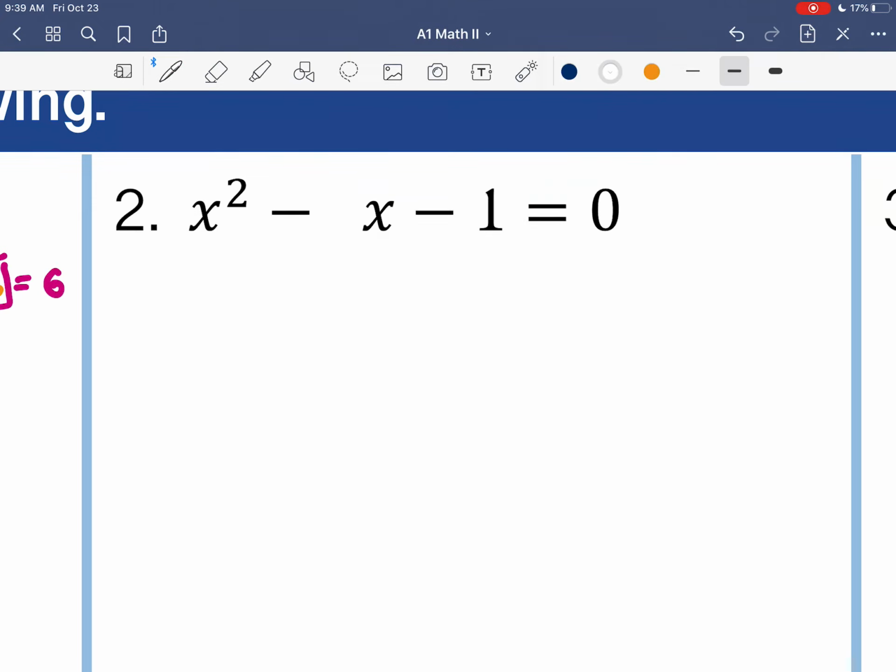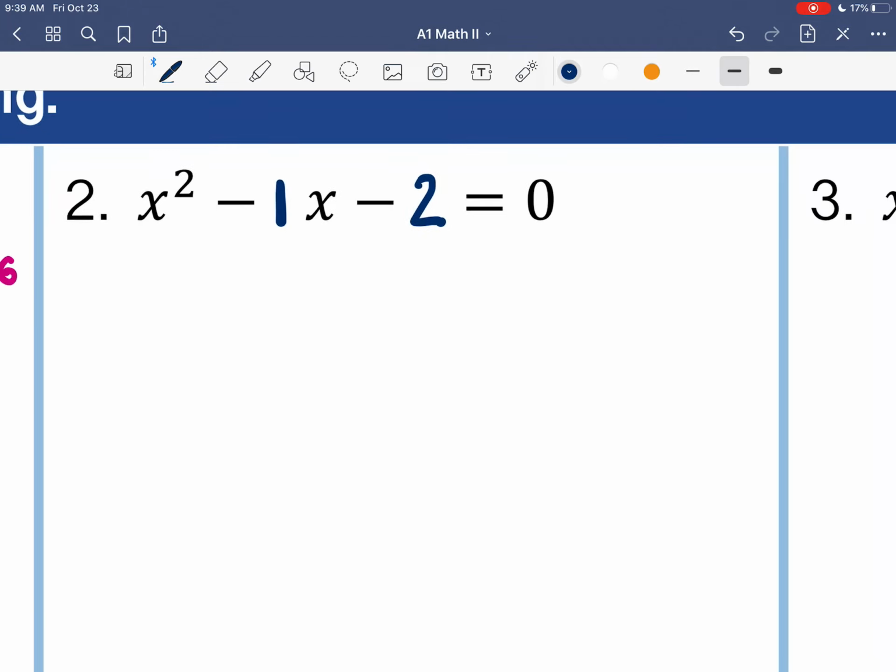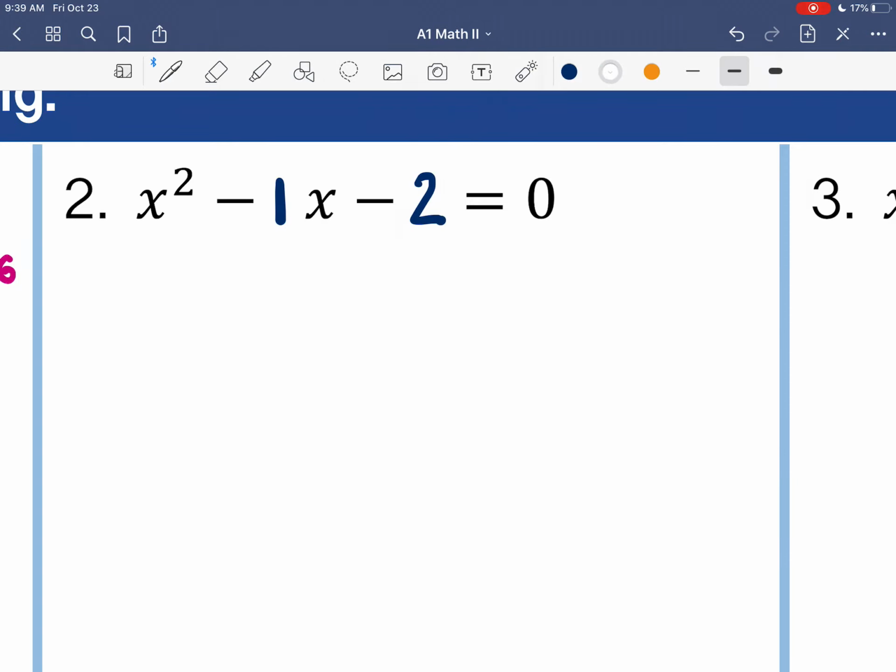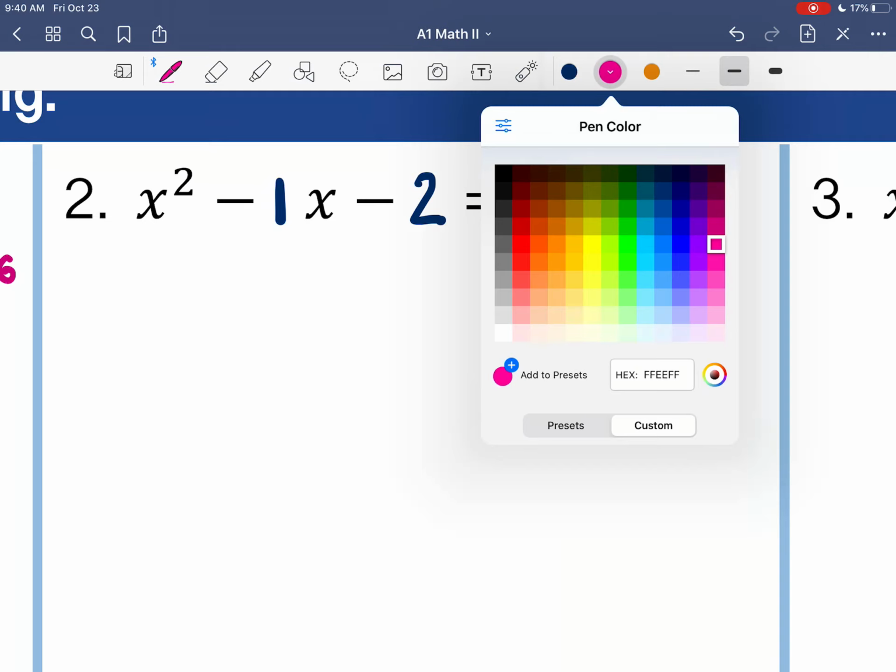Instead of having 2 as a middle term and 1 as an end term, I just switched those. So this is 2x, it's 2, and this is 1. Now it's possible to factor, so just scribble those out and change it on your notes, because I have now made it possible to complete this problem. The other one was a typo.